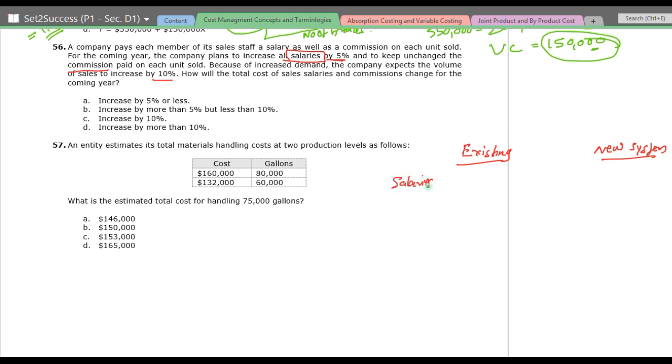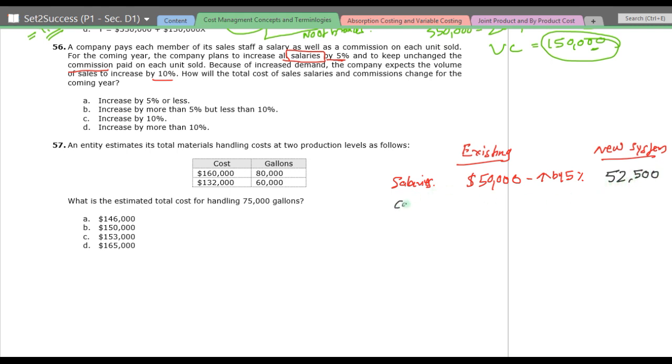Salaries existing, if the salaries they are getting is 50,000, and if this 50,000 is increased by 5%, the new salary will be 52,500.